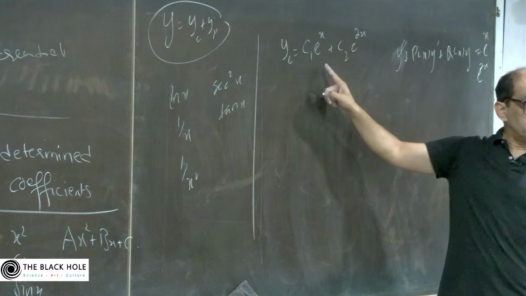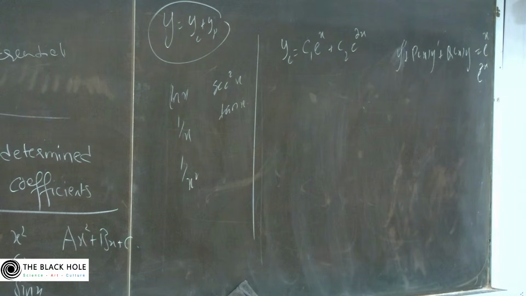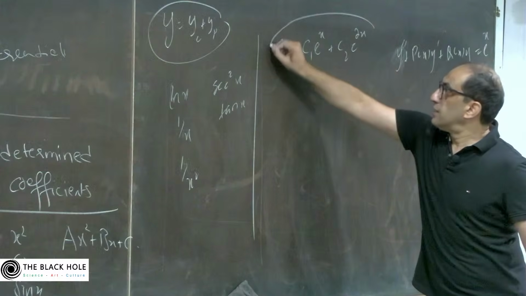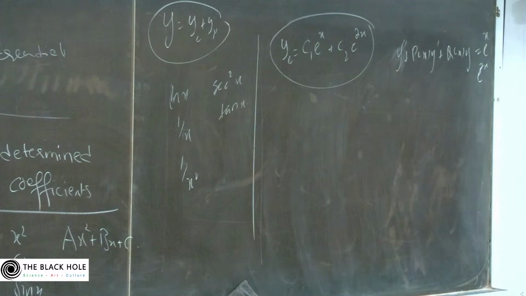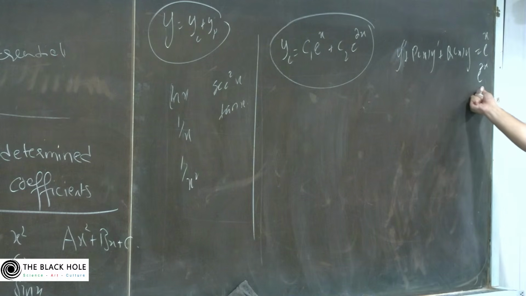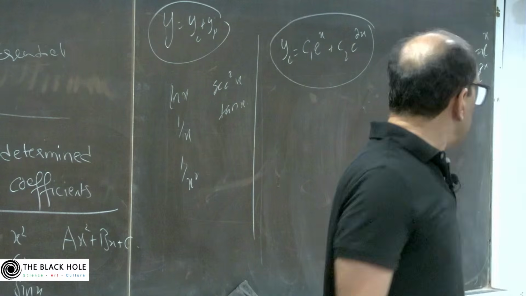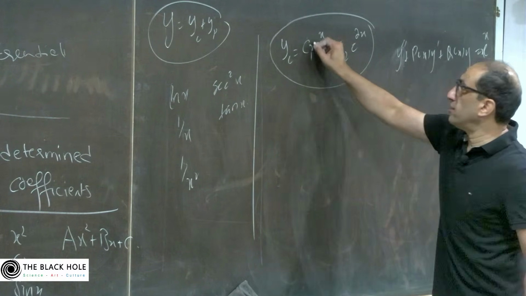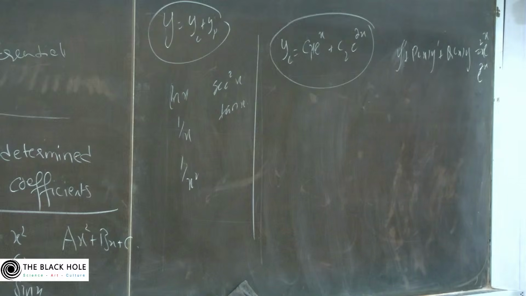If you try and use this method, you will find that you will not get any answer. The problem is that if the solution of the homogeneous equation contains the same function that you get in the input, then you will not get any answer. You will have to multiply it with x to resolve that problem. And if you have some x here, then you will have to multiply it with x squared to solve that problem.